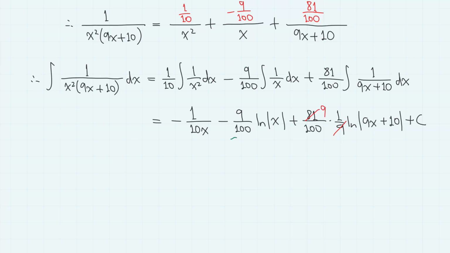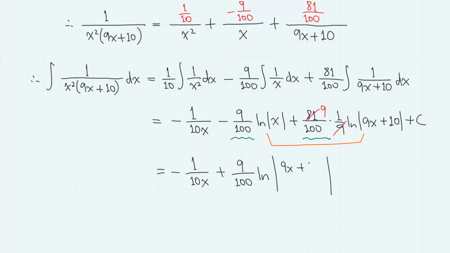Here both logarithms have constant 9 over 100 at the front, so we can combine these two logarithms and write minus 1 over 10x, plus 9 over 100 times ln absolute value of (9x plus 10) divided by x, plus c.